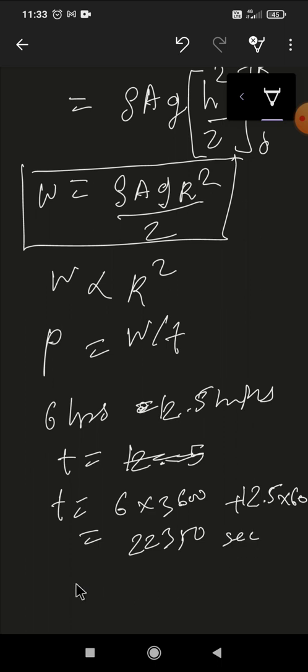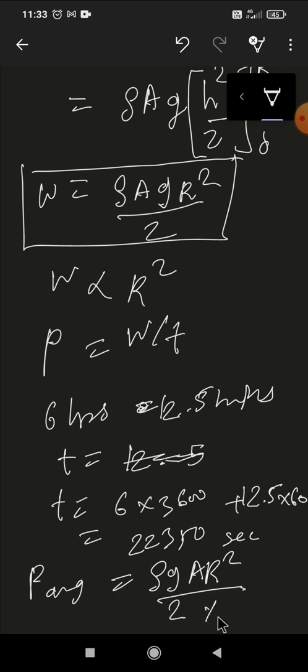So P average will be equal to W upon t, that is rho g A R square upon 2 into 22350. Assuming the water density rho is equal to 1025 kg per meter cube, then P average upon area A will be equal to 1 by 2 into 1025 into 9.81 upon 22350 into R square.